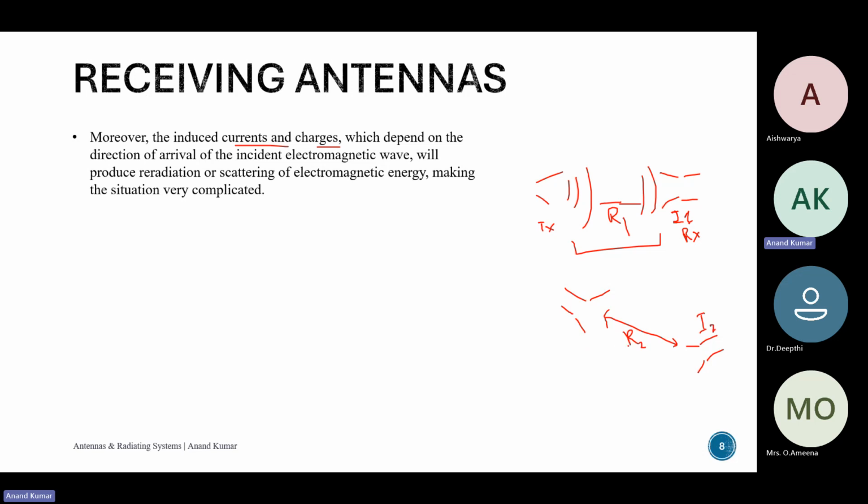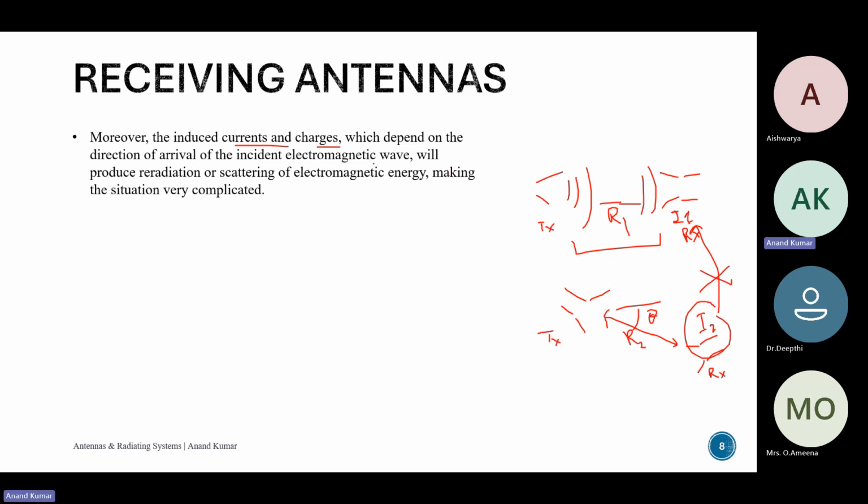In this particular case, when the distance is R2 and we have some angle between the transmitter and the receiver system, this I2 will not be the same as I1.